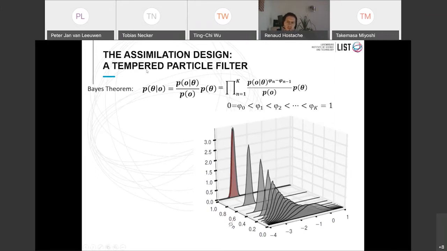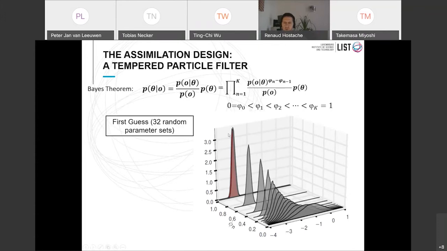So what we do is use a tempered particle filter, and we factorize the likelihood accordingly in order to start from a rather large parameter distribution, with the idea to converge to the correct solution, with this factorization using power coefficients starting from a low value. Of course, this coefficient needs to go to a value of 1.